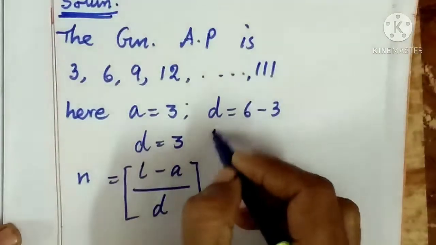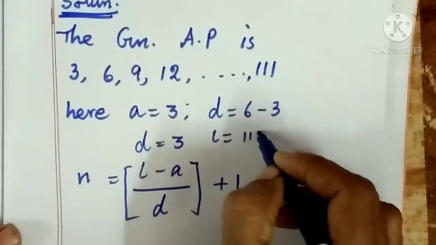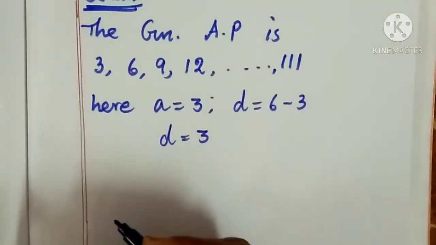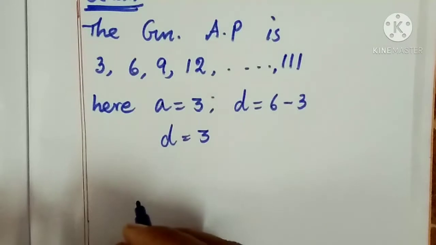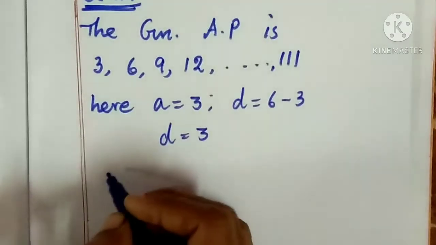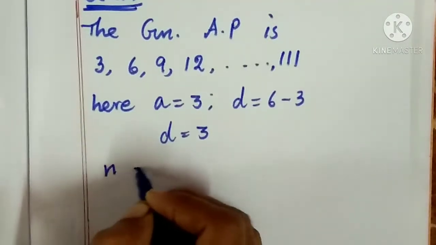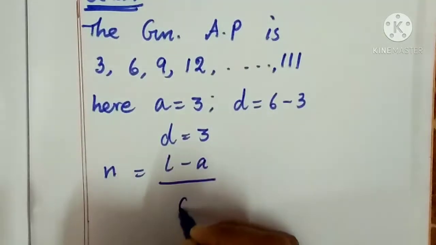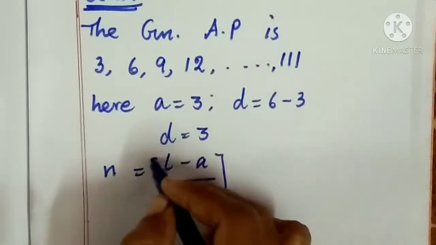Here l is equal to 111. In this question, we have to find the number of terms. Therefore, the formula for the number of terms is n is equal to (l minus a) divided by d, plus 1.